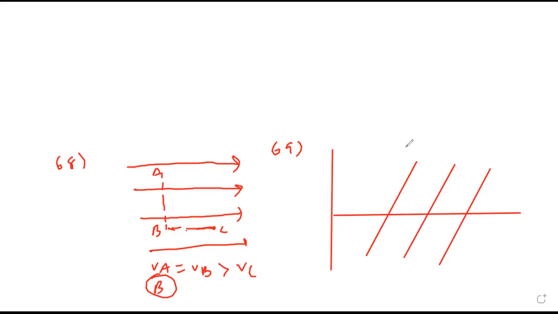This is 10 volt, then 20 volt, then 30 volt. This angle is 30. Distance is 10 centimeter, 20 centimeter, 30 centimeter mark. Can you tell me, this is the first one, suppose second one, third one, because potential is increasing, so is it opposite to the field or in the direction of field? In the direction of field.